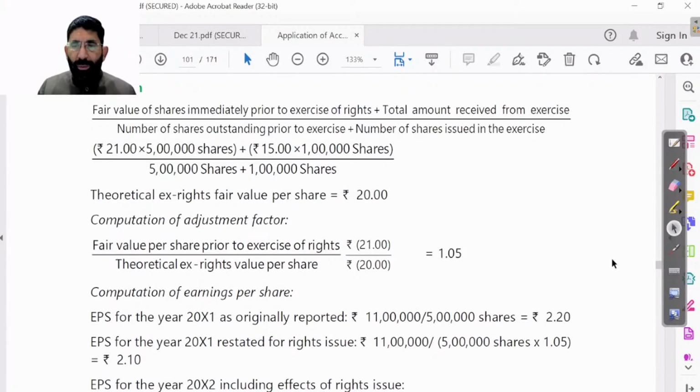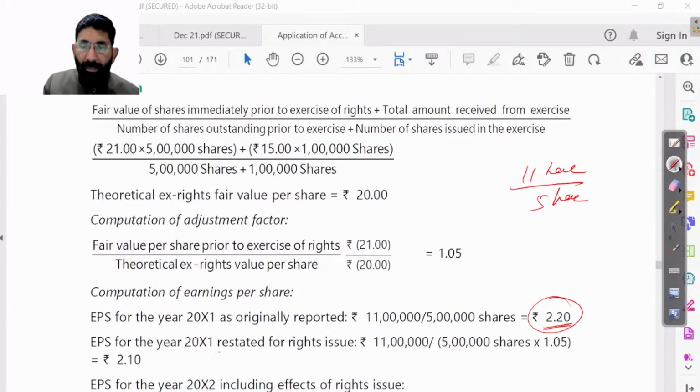So how to calculate the EPS? Very simple. The simple formula for EPS, as we know, is the amount available for equity shareholders, that is 11 lakh, divided by the number of equity shares, 5 lakh, whatever it is, that is 2.20. Okay, this is the last year EPS. Now this is to be calculated again.